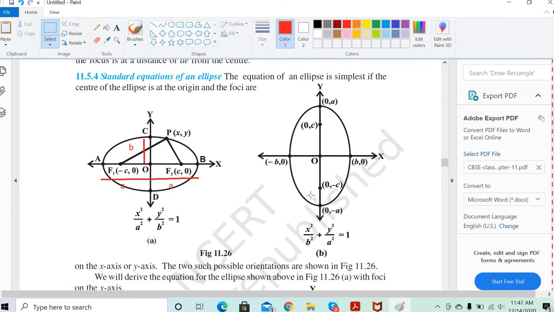Now draw the figure 11.26b part. The ellipse is on the vertical axis now. The major axis becomes the vertical axis.